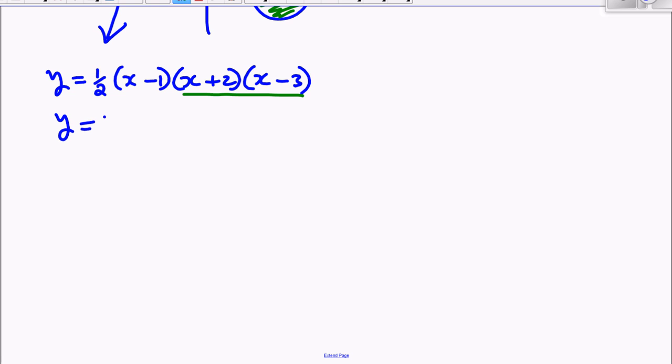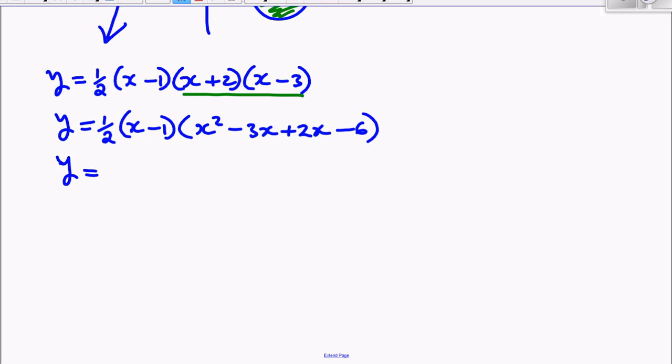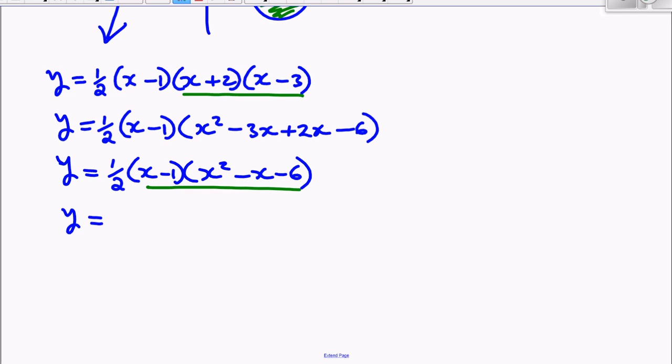So y will be equal to a half into (x minus 1), and this gives me x squared minus 3x plus 2x minus 6, which gives me a half into (x minus 1)(x squared minus x minus 6). The next thing will be to expand these two brackets.